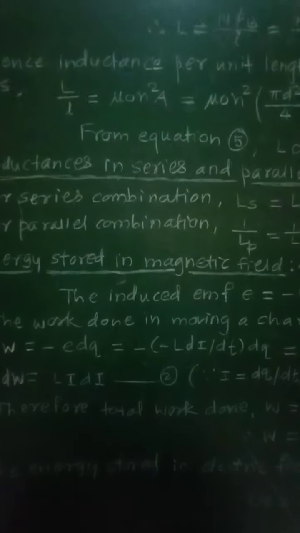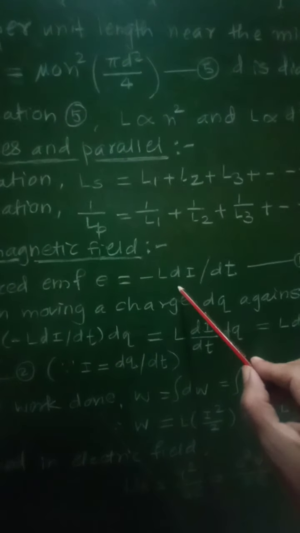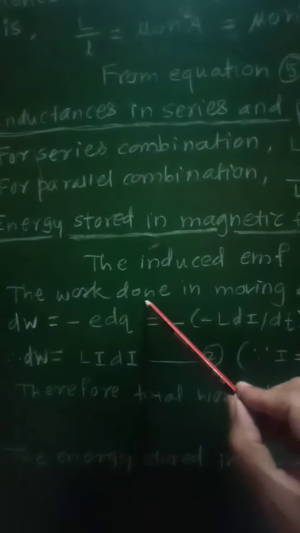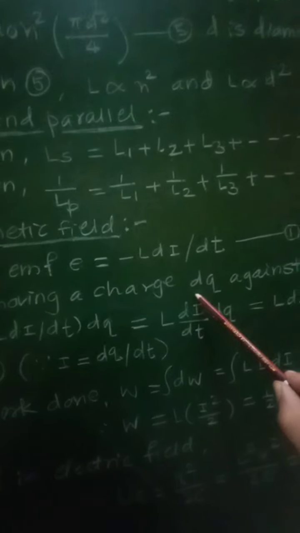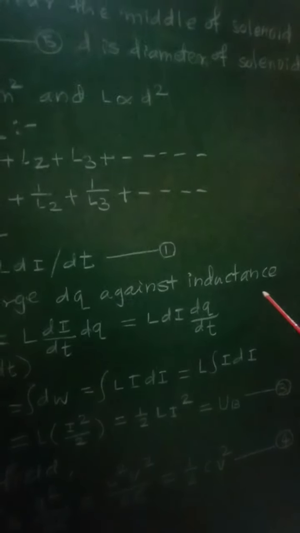Then the induced EMF E is given by the formula in terms of inductance, E equals minus L di by dt, as equation number 1. So this equation represents the induced EMF. Due to that, work done will be given as the work done in moving a small charge dq against the inductance.